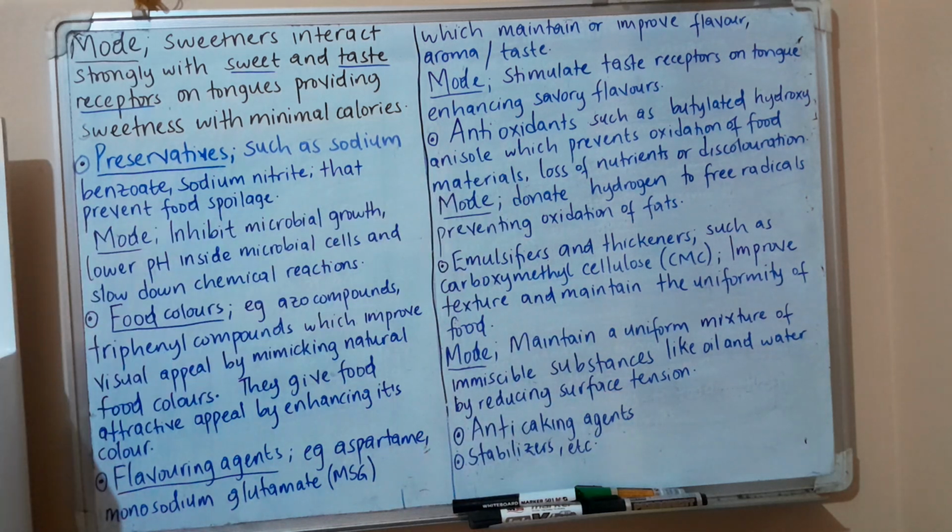Then we have antioxidants, which prevent oxidation of food materials, and emulsifiers, which maintain uniformity of the food mixture. So those are the two categories of food additives: natural food additives, which are obtained from plants, minerals, or animals, and synthetic food additives, which are synthesized chemically in the lab from organic substances.